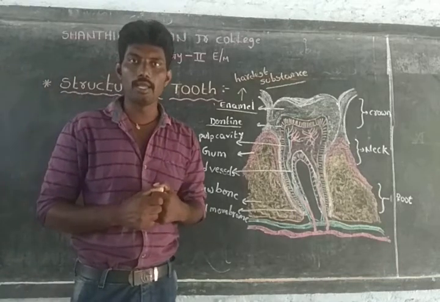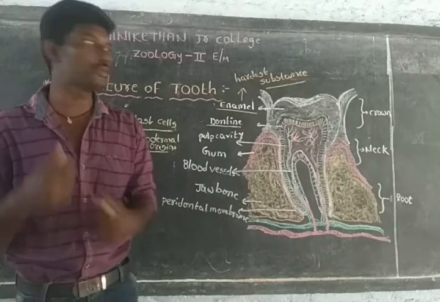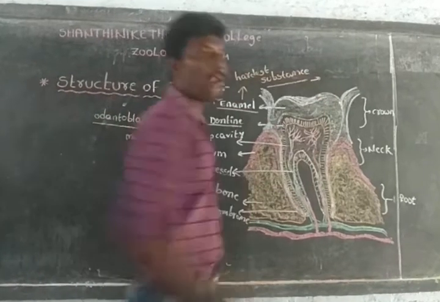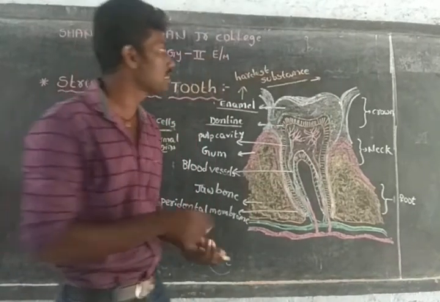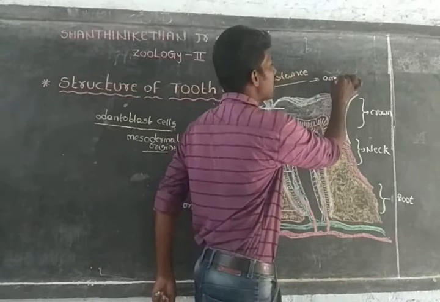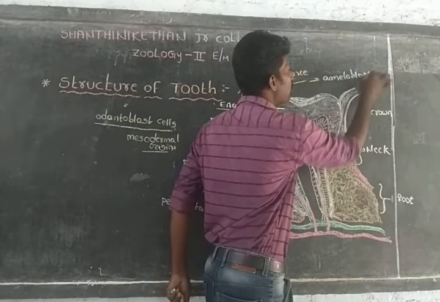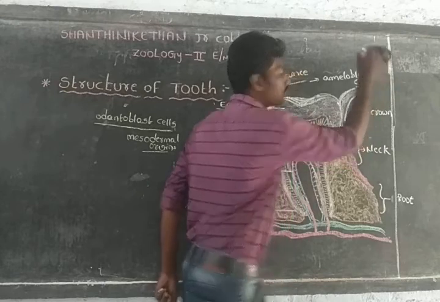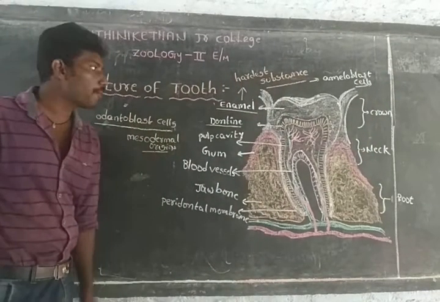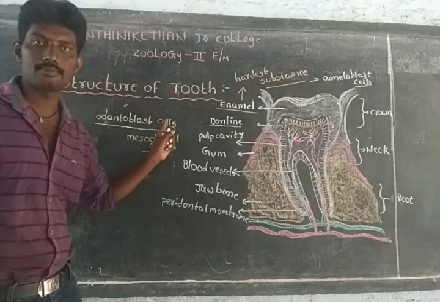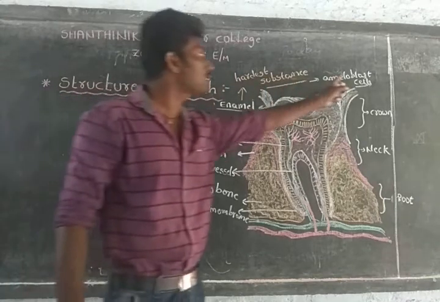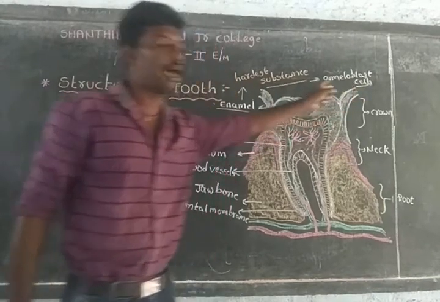Next, the enamel is secreted by cells called ameloblast cells. The dentine is secreted by odontoblast cells. The enamel is secreted by ameloblast cells.